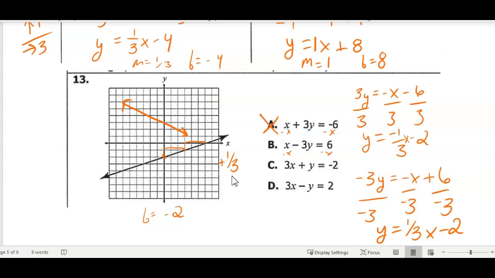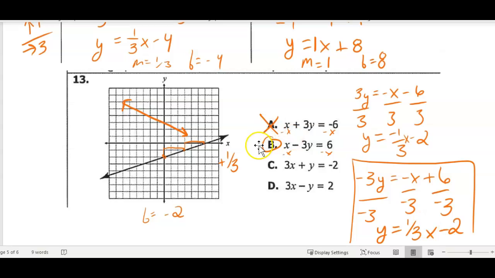I'm going up 1/3, up 1/3. So my slope is correct, and my y-intercept of negative 2 is also correct. I'm done. I showed my work. I proved why the answer is B. I can stop there. Hopefully your answers on the last few are not D and you're stuck doing all 4 of them.